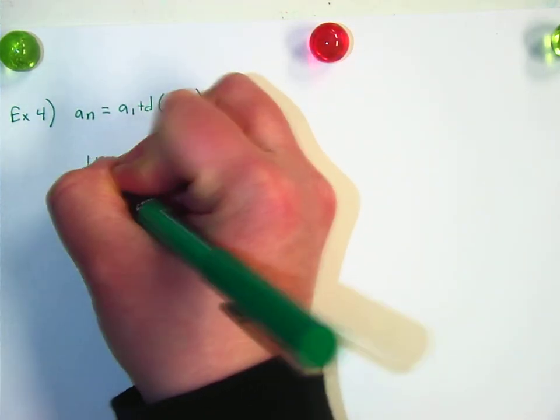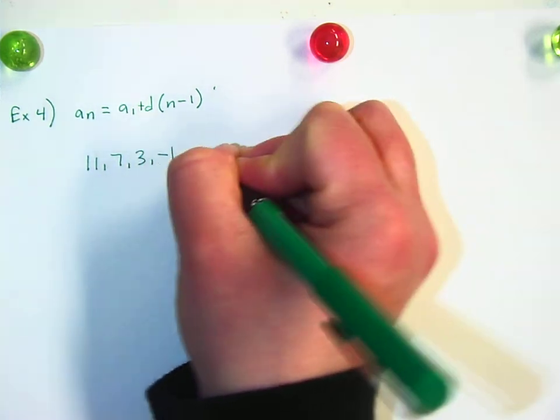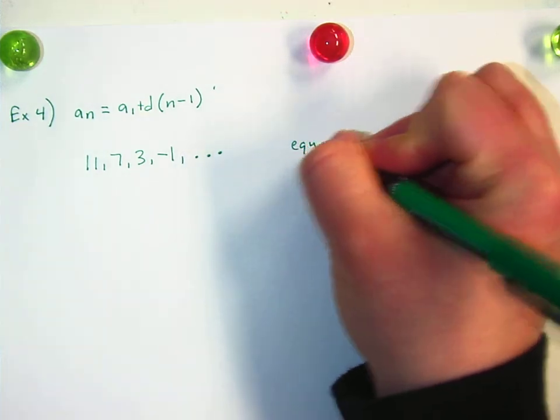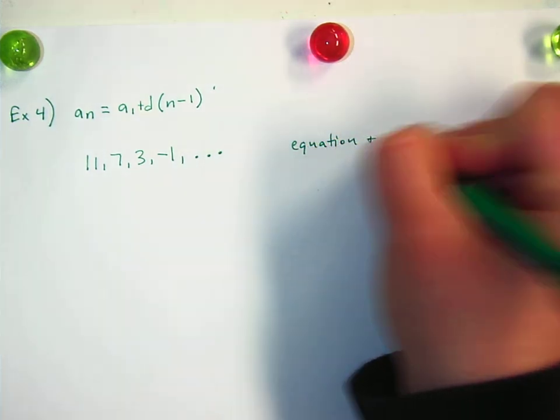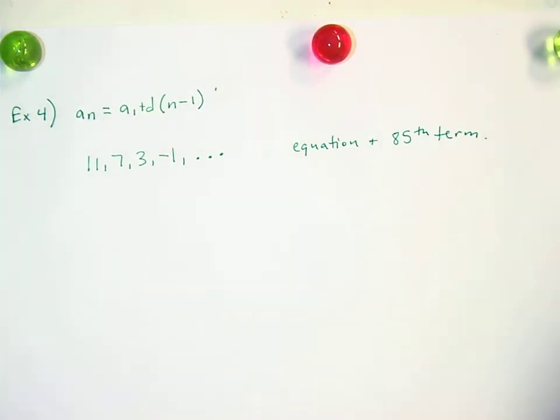So we're going to go back to that original sequence we had, like this. And you're going to have to find the equation and the 85th term. And that is what we'll do for the warm-up on Monday or Tuesday.